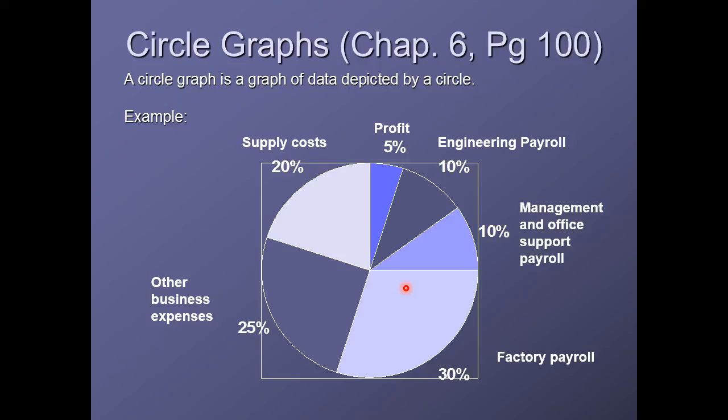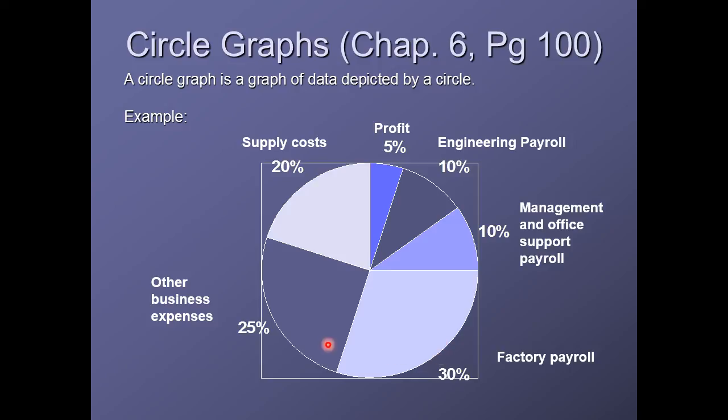So for an example, let's say this is probably a business organization's cost distribution, that is, how they are spending. If you look here, most of the cost they're spending is for the factory payroll, right?